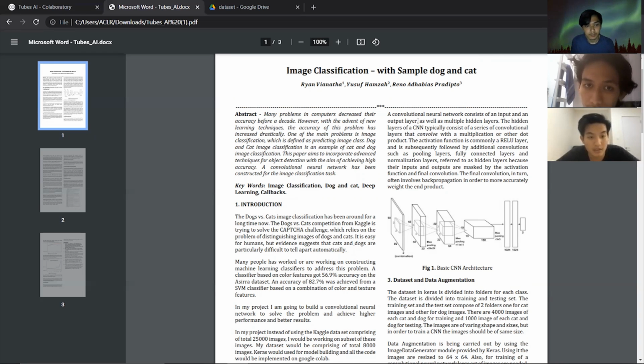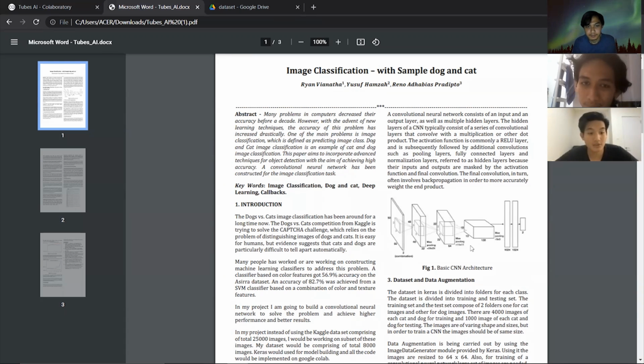Dog and cat image classification is an example. This paper aims to incorporate advanced techniques for object detection with the aim of achieving high accuracy. A convolutional neural network has been constructed for the image classification task.